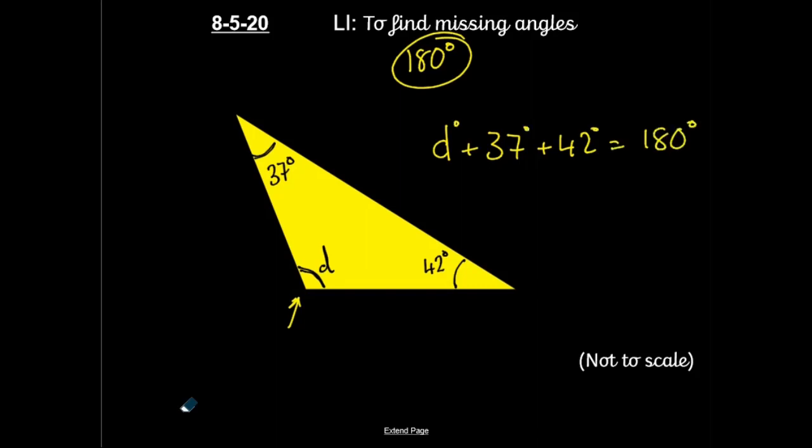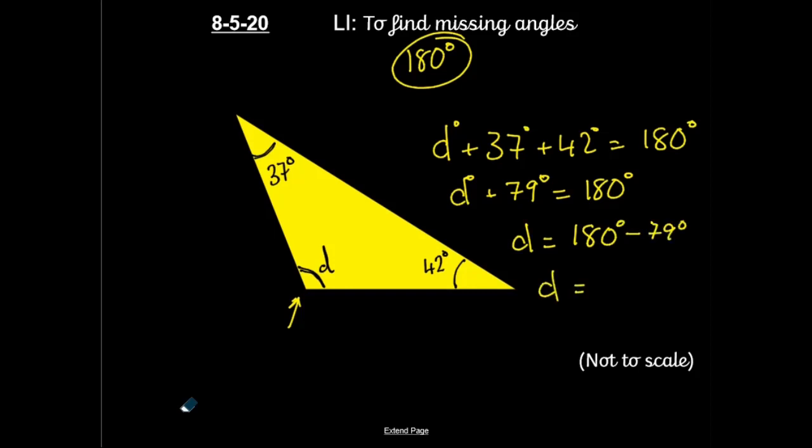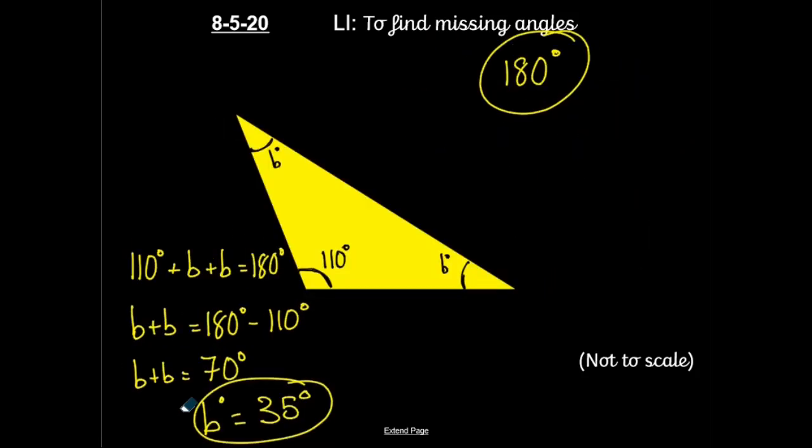Again, they're all there for me to see. So I can start by adding these two together. So 37 plus 42 is, of course, 79 degrees. So D plus 79 is equal to 180. I can now switch it. So D is equal to 180 minus 79. So D is equal to 101 degrees.